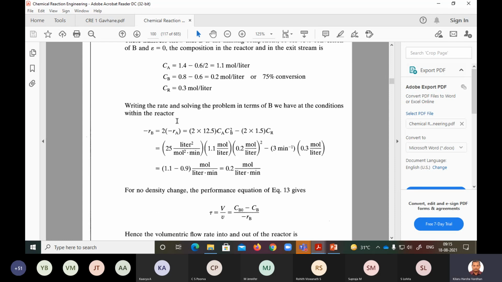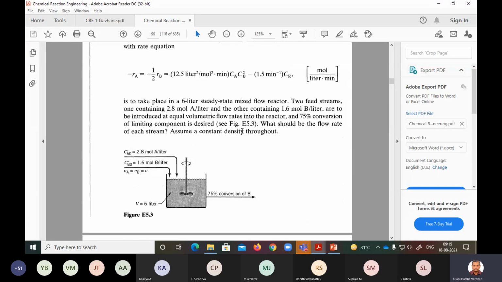Writing in terms of rates, minus RB is 2 times minus RA, or minus RA is half times minus RB. So we know the rate expression, which is giving you 12.5 CA CB square minus 1.5 CR. This is the minus RA.